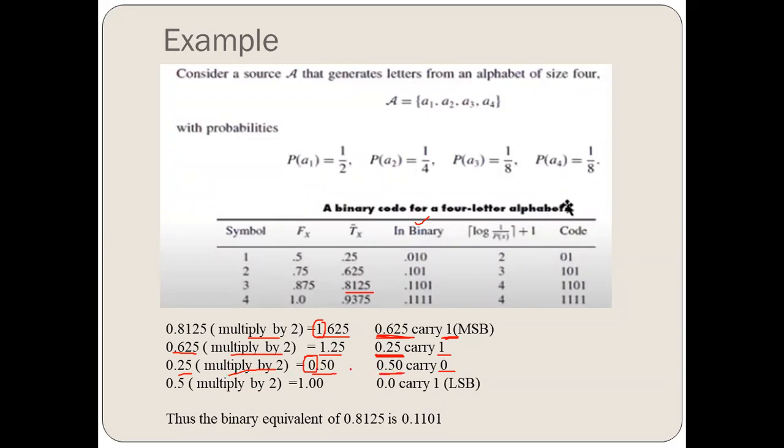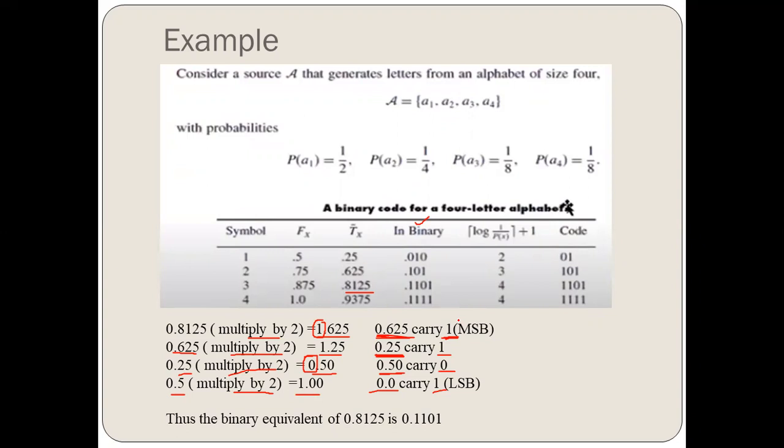Now again multiply 0.5 by 2, that gives 1. I keep the integer value as carry, and here it is 0.0. So here I have to stop because I do not have anything left to multiply by 2.